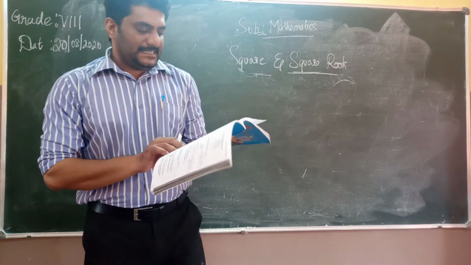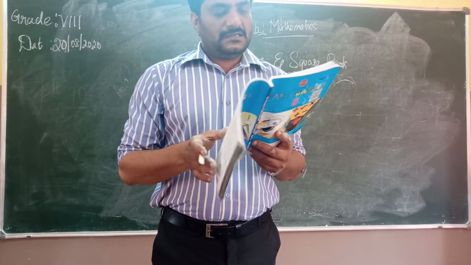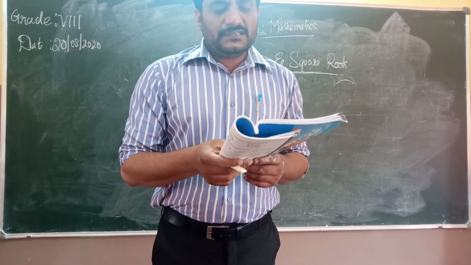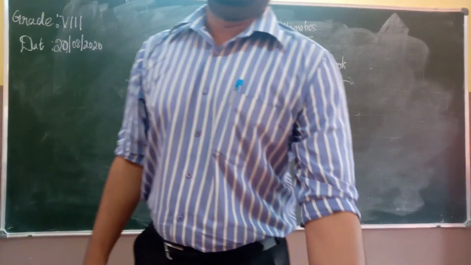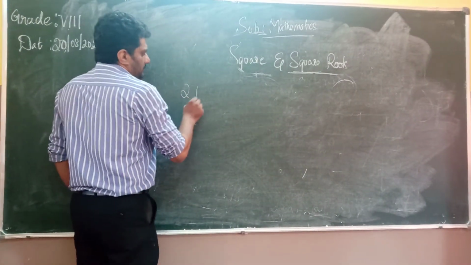Okay, there are a few activities. The square of which of the following numbers would be an odd number or an even number and why? That means you have an odd number.